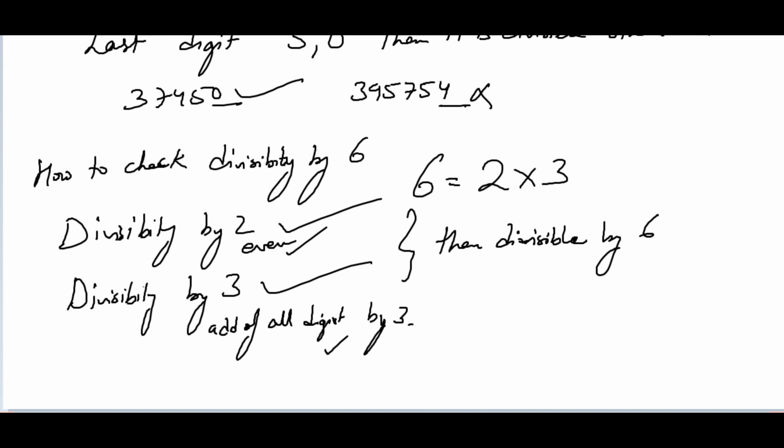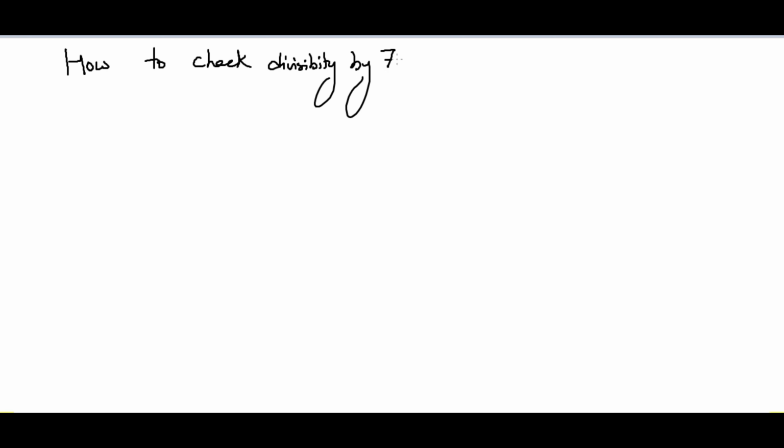Let's move further with the 7. 7 is a little bit complicated one. Hope I will be able to explain you better, but be with me. How to check divisibility by 7? It's kind of a little bit funnier, but what you have to follow here is 2-3 steps, and it's not that tricky, but you have to do a little workout here.